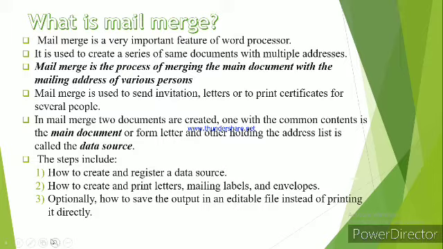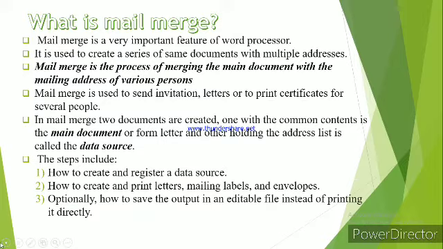The content will be the same, only the addresses will be different. Suppose you want to send to 100 people, then you can make one simple content and then create a separate address and then combine them both and then create 100 different letters or invitations. So that is the use of mail merge.